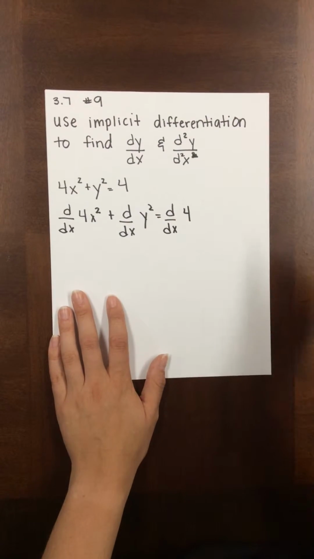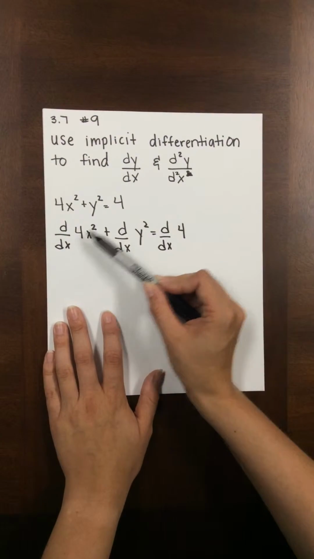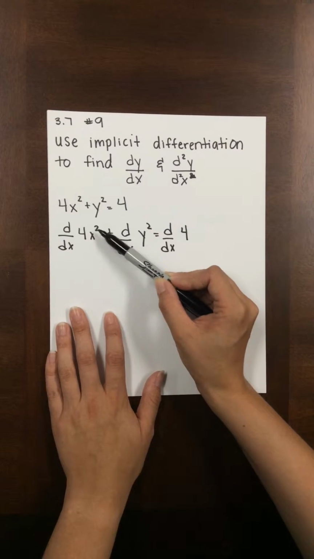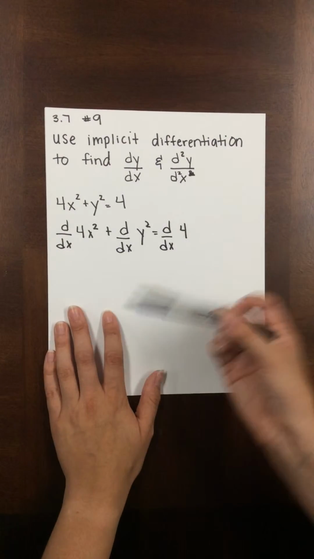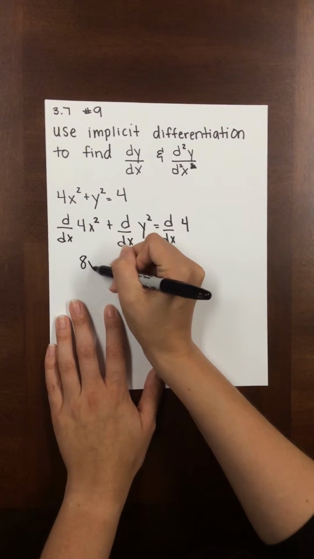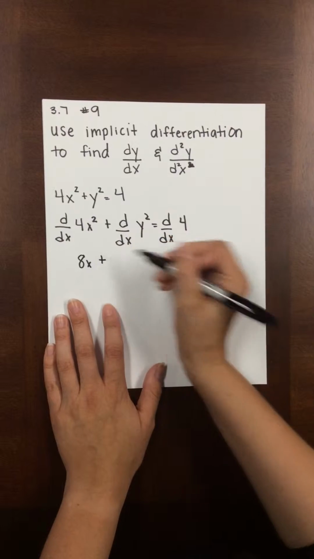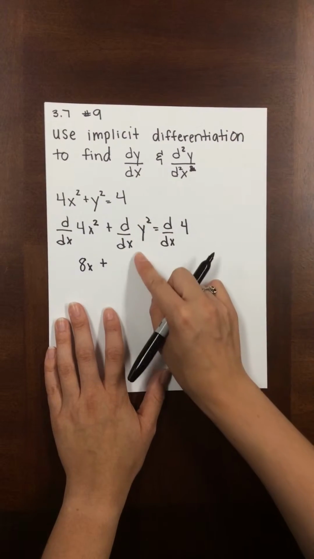And when we evaluate that, so this is d over dx. Things that have x in them, we can do as we normally do the derivative. So 4x squared, we know the derivative of that is just 8x. Plus, and then these are not the same, so I'm going to do the chain rule.